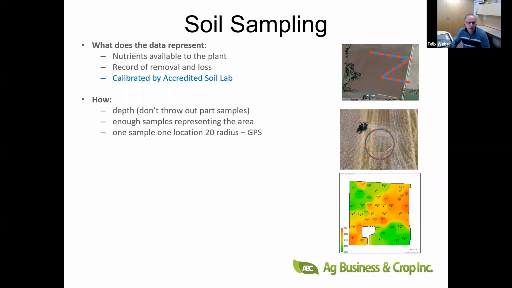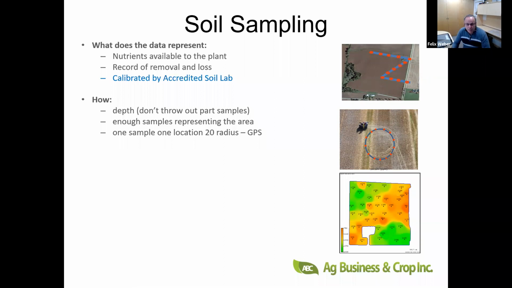One sample location. I have some images here with sample points. If you go through the field and just take a composite sample, I still recommend having just one point as a composite sample. If you can go back to that one specific location and resample, you have repeatable data.